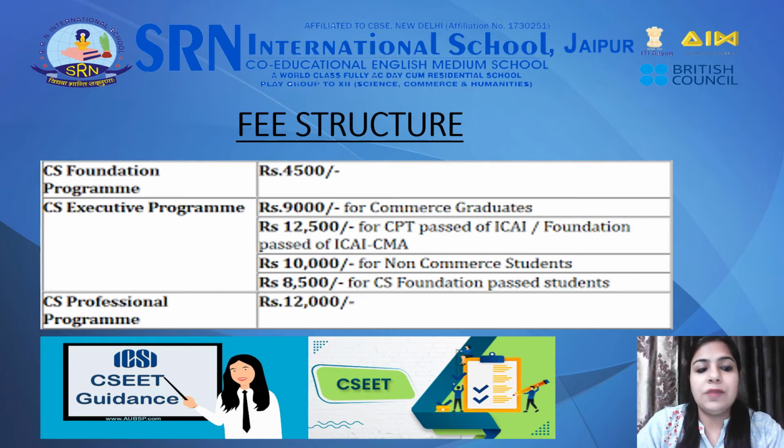For the next level, that is the CS Executive Program, 9,000 for Commerce Graduate, 12,500 for CPT Passed, 10,000 for Non-Commerce Student, 8,500 for CS Foundation Passed Student, and for the final or the professional program, 12,000 is the fee. And if we talk about the registration fee of the CSEET exam, that is the entrance exam, the registration fee is 1,000.